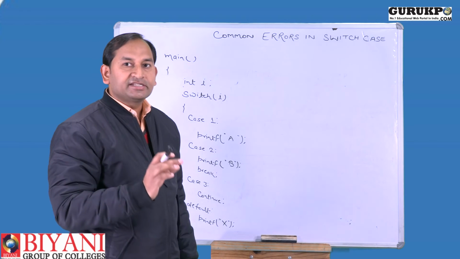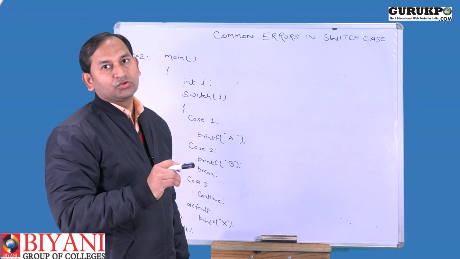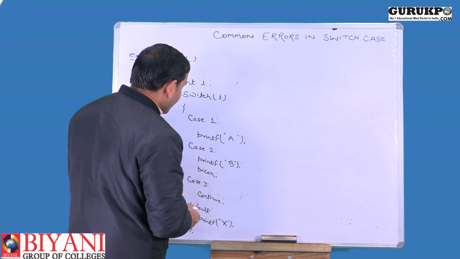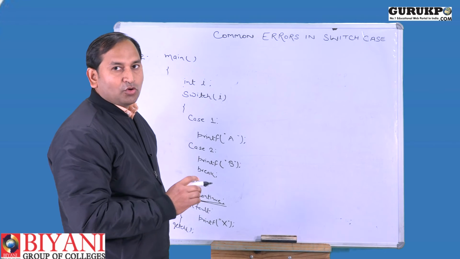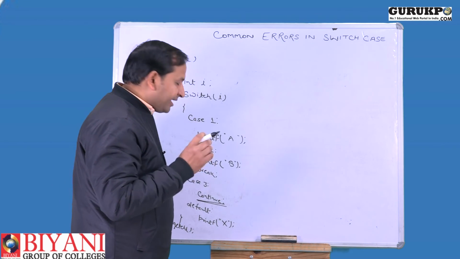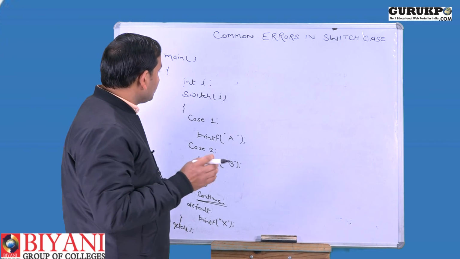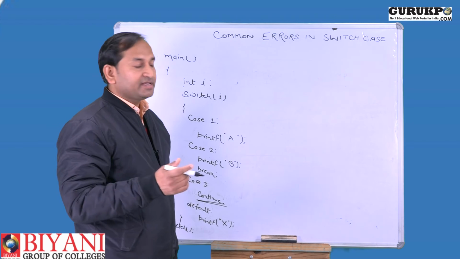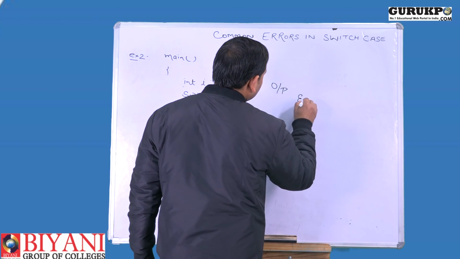Actually, continue and break statements always work with loops. So, this type of continue inside a switch case always gives an error message. So, always remember we use break and continue inside a loop. Directly we cannot use continue inside a switch. So, it gives an error message. The output of this program will be an error.